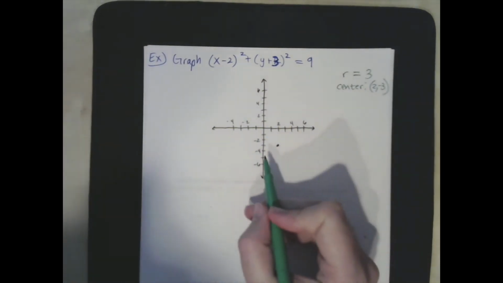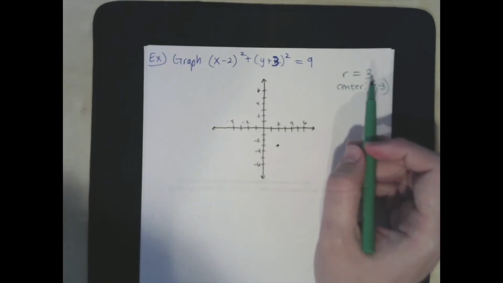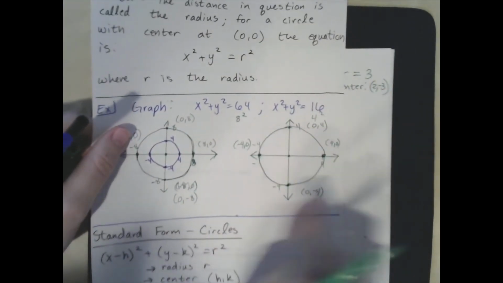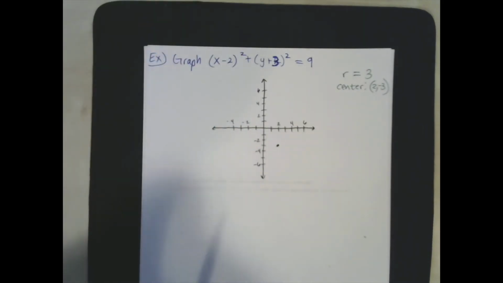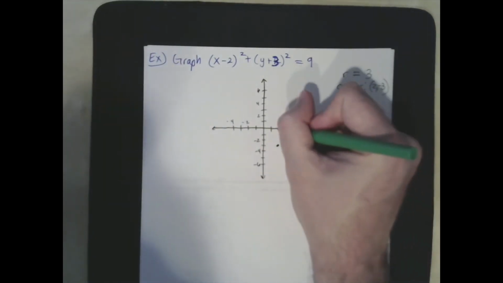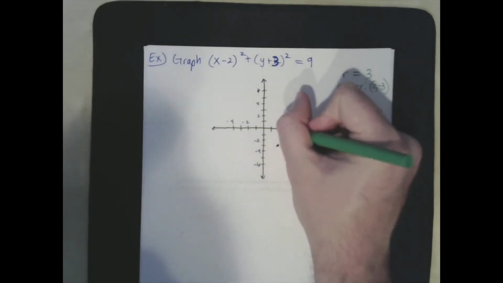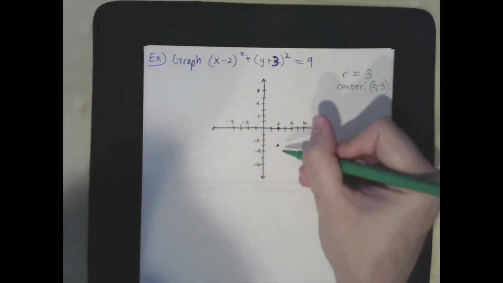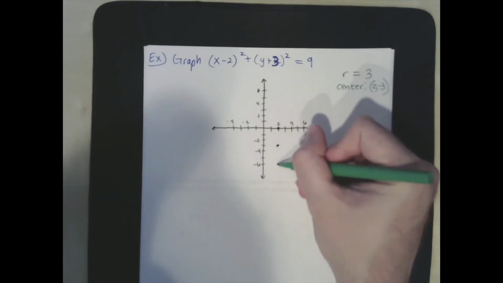So now we take our radius, and just like we did on the last example, where we went up, down, left, and right by our radius, that's what we're going to do here. So we're going to go up 3, which brings us to this point here. We're going to go down 3, which brings us to this point right here.